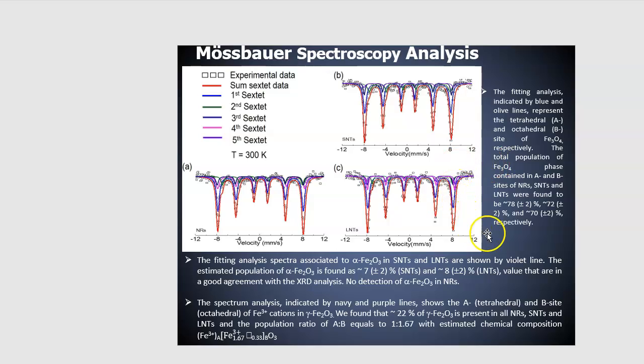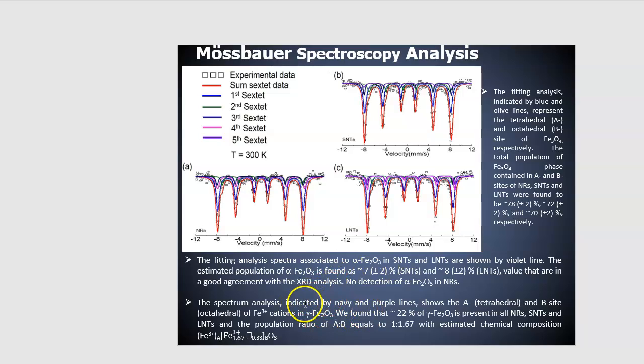If we talk about hematite, the room temperature Mossbauer spectra consist of 5 sextets, and the sextet corresponding to the violet line is hematite. We estimated the population of hematite to be around 7% for short nanotubes and 8% for long nanotubes, which is in very good agreement with the XRD analysis.